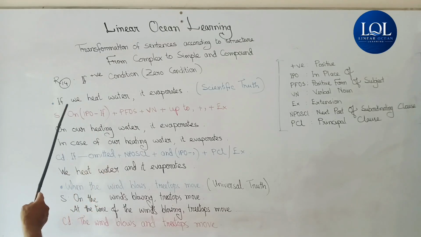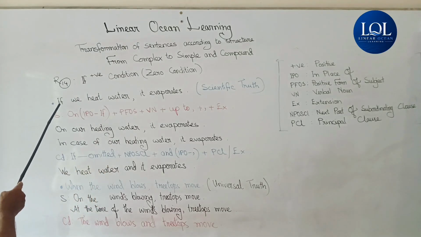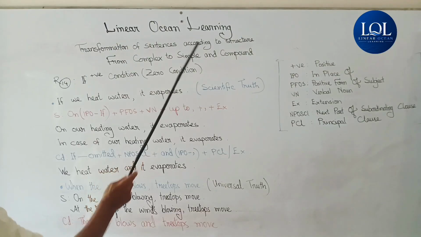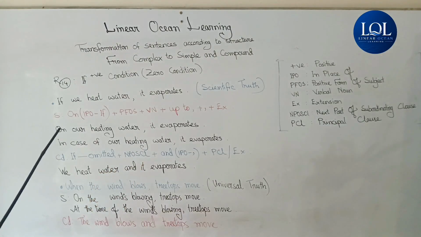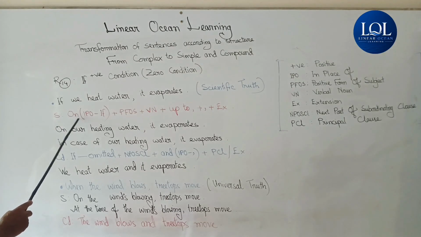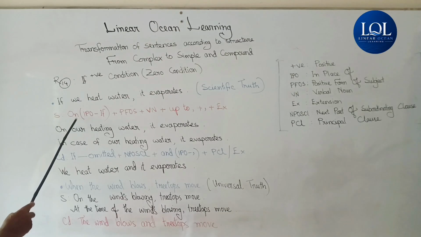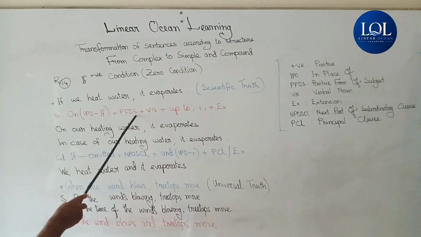Let us come to the example again. If we heat water, it evaporates. It is in scientific truth. If we want to make it simple, the structure we have to follow is IPO if, that is, in place of if we have to write on, then possessive form of subject.